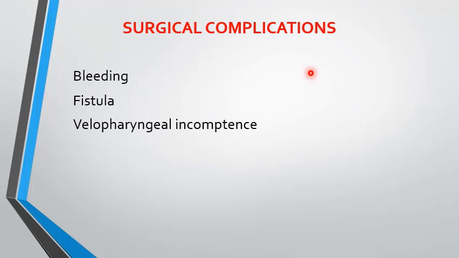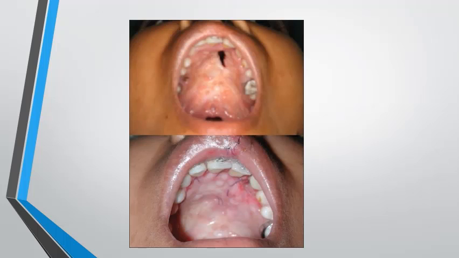The surgical complications of cleft palate are bleeding, which if it happens will lead to a major complication, fistula, and velopharyngeal incompetence. A fistula is a connection between two cavities, here the oral cavity and the nasal cavity. It results from abnormally repaired cleft palate, disruption of the sutures of repair, or ischemia or necrosis of the flaps.